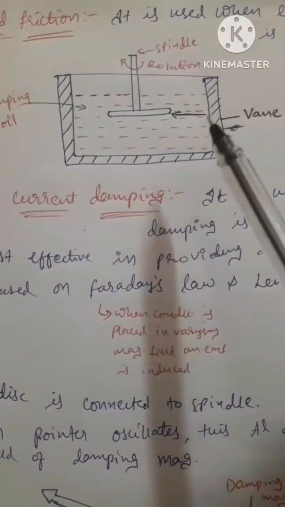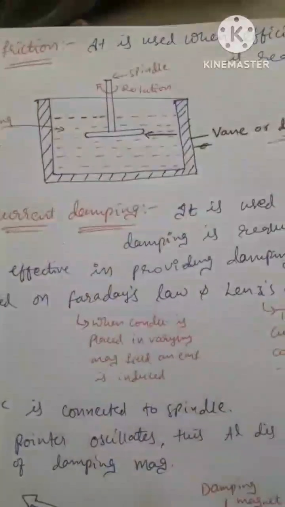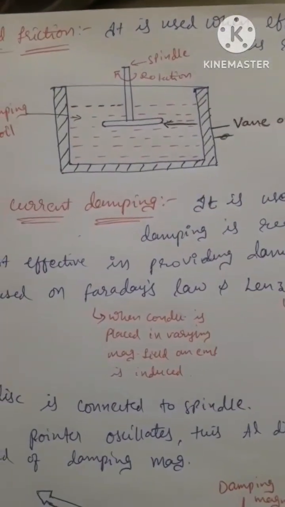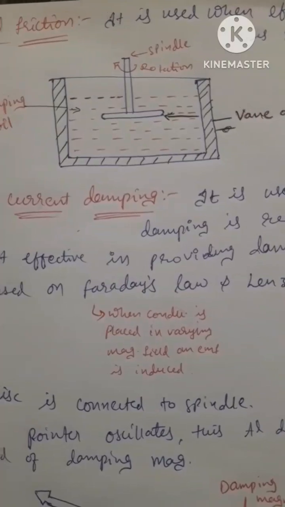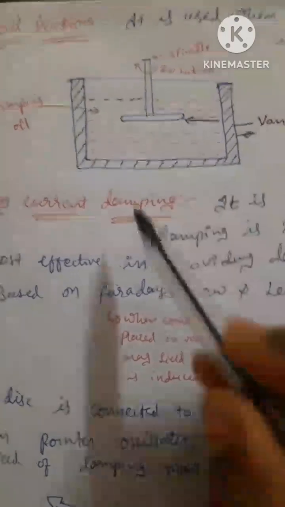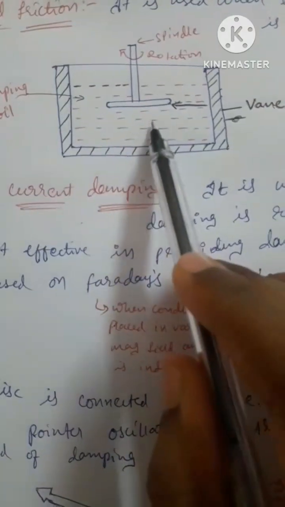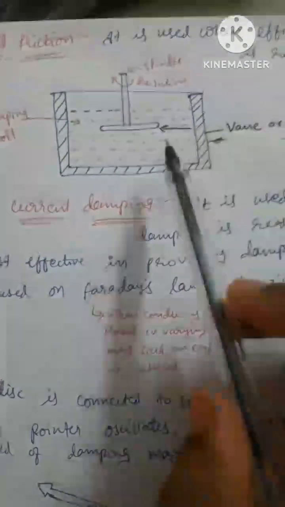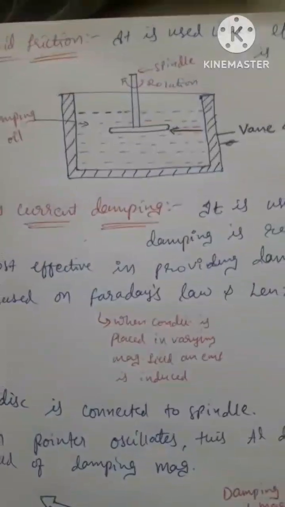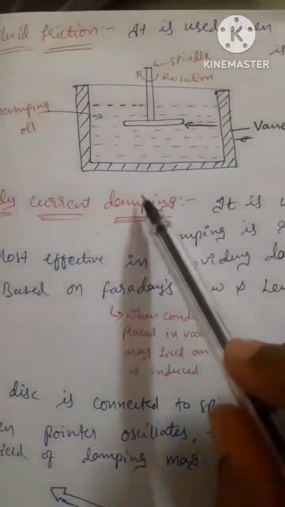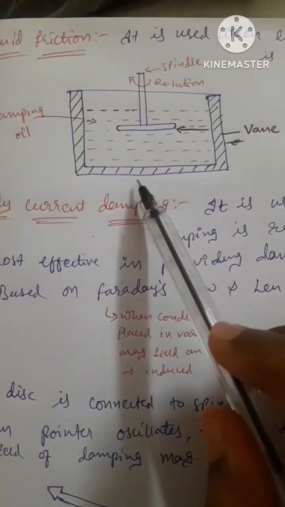The arrangement is like this, and it consists of the vane and the spindle. The vane is completely dipped into the oil, and due to that movement the frictional force is developed, and the vane is used to produce the damping torque.